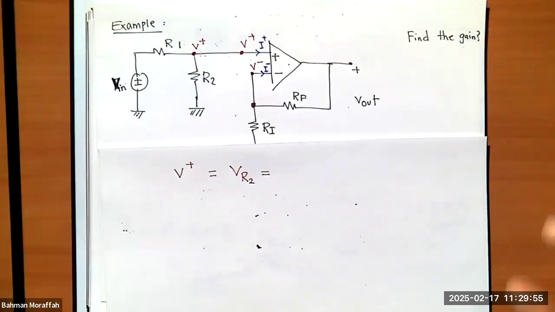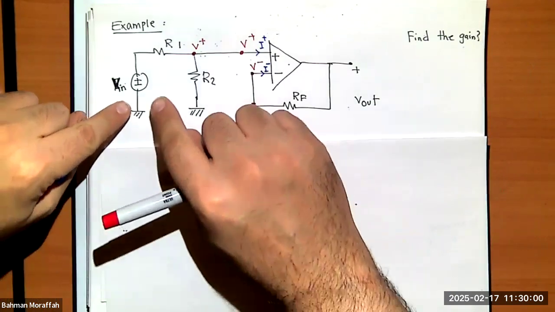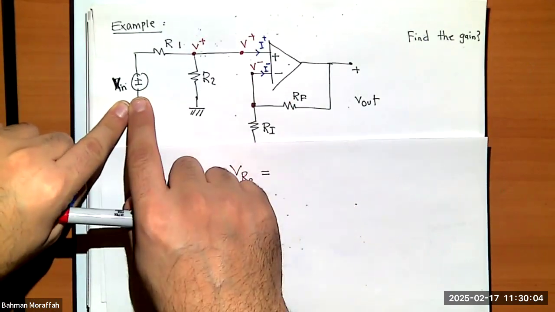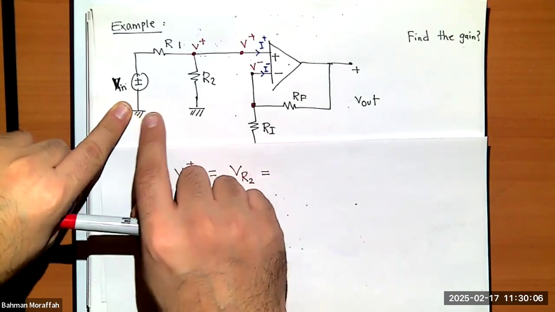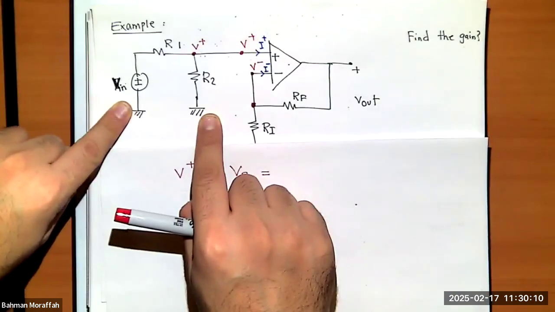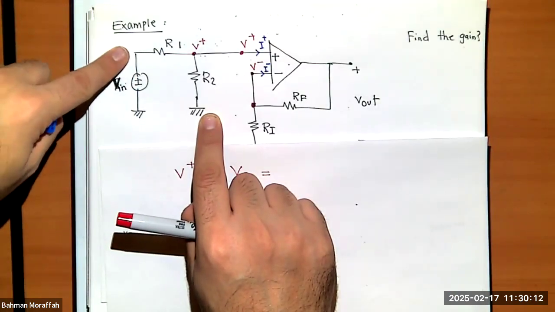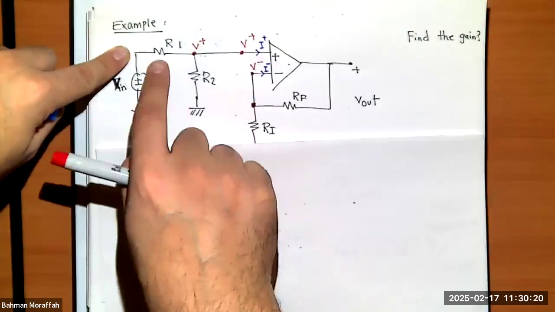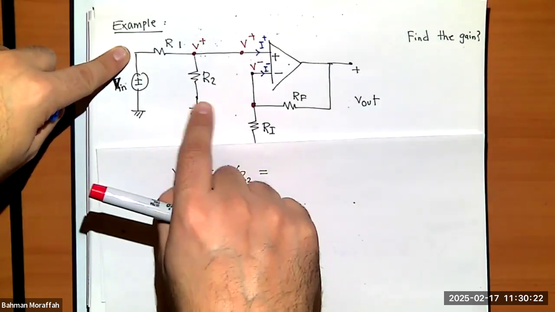But look what I have. Voltage across both R1 and R2 is Vn. Why? Because again, this is the same ground. Right? So what kind of circuit do I have over here? It's a voltage divider. I have two resistors back to back.